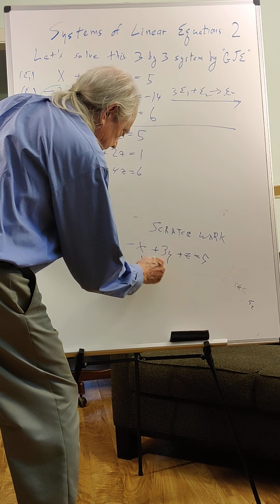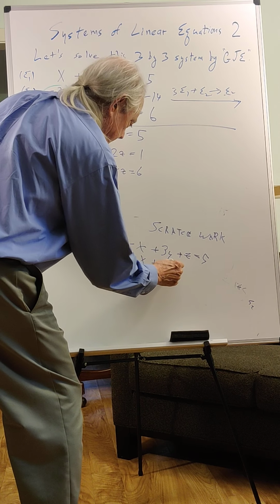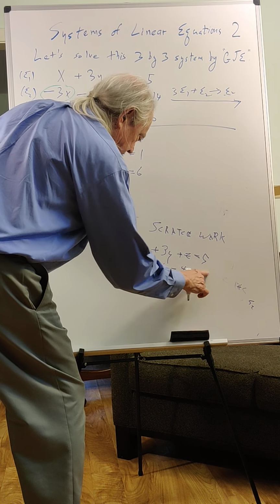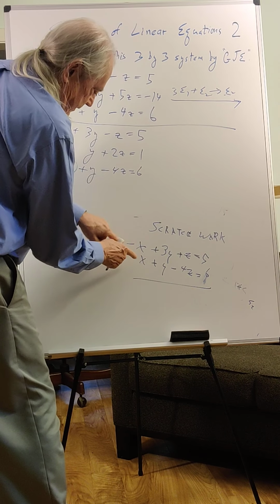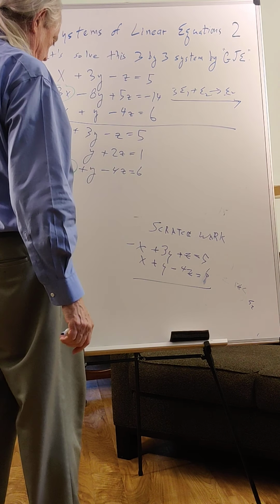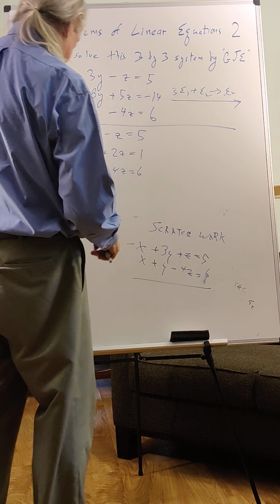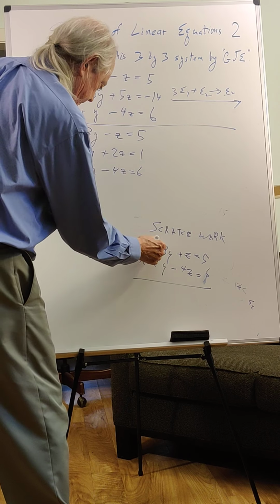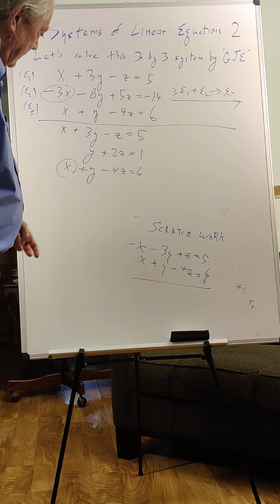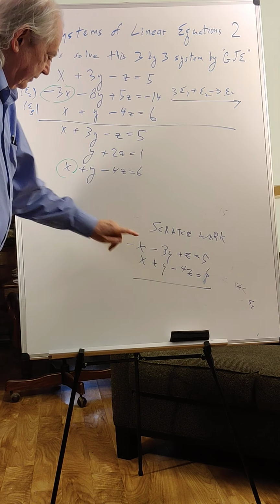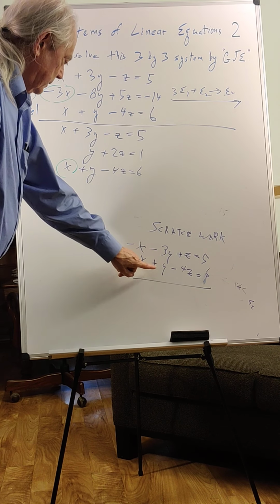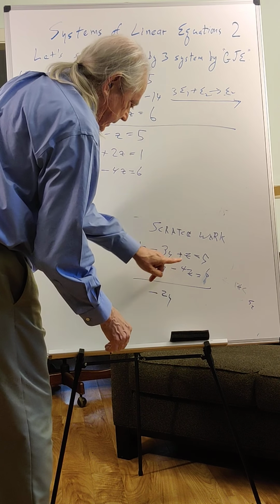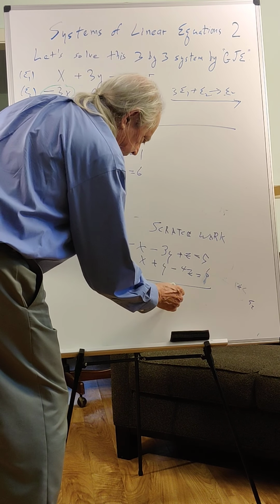All right, let's add them together. So x minus x is 0. 3y, whoops, I missed a sign change. x minus x is 0. y minus 3y is minus 2y. And z minus 4z is minus 3z.